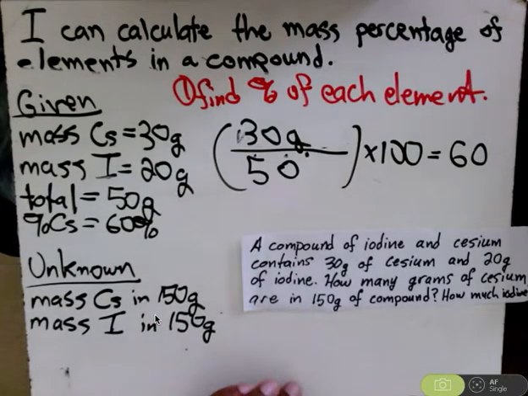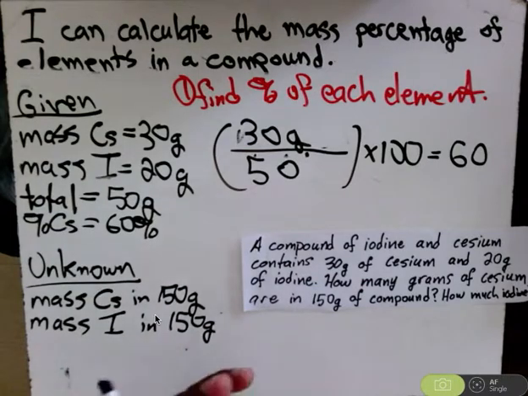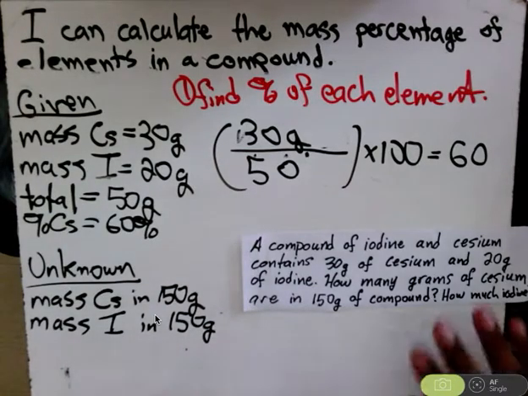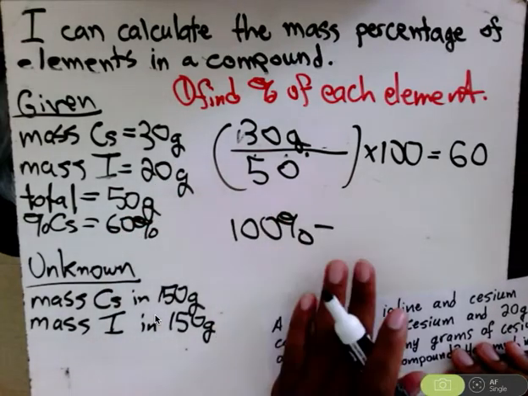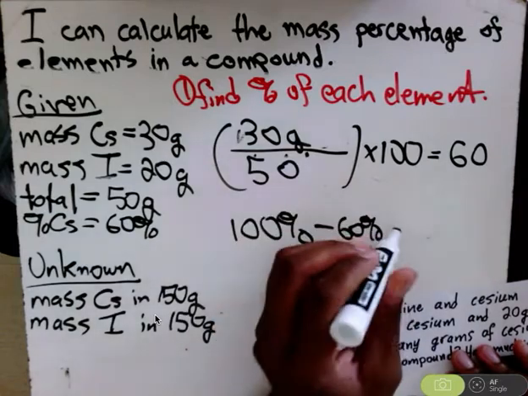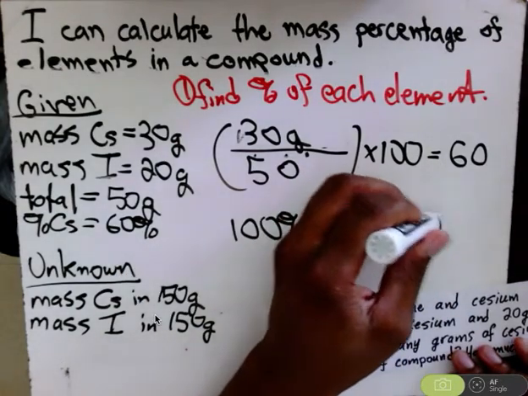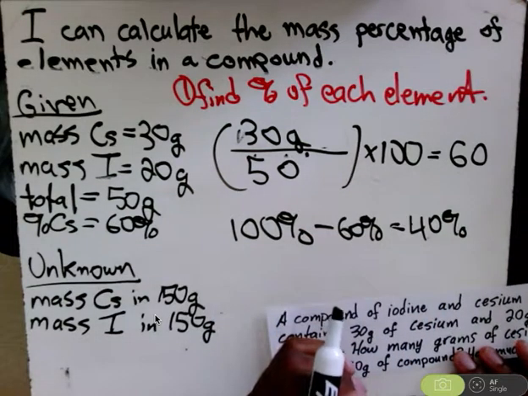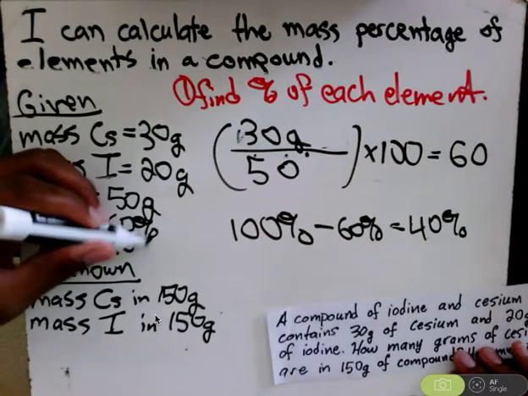Now, we need to find the percent of iodine. There's two ways we can go about this. We can do 100% minus the percent of cesium, minus 60%, to give us 40%. And that's the easiest way to do that. Percent iodine, 40%.